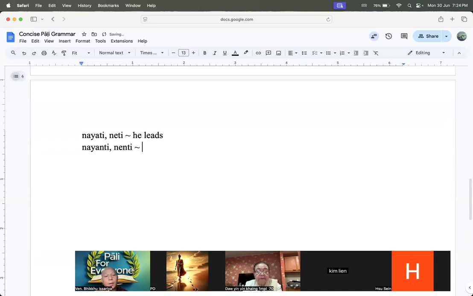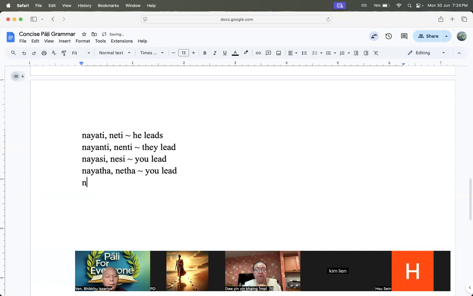So they lead, and also nayasi, and then nesi. You, singular, lead, and also nayatha and netha. You see two forms, you plural, lead.